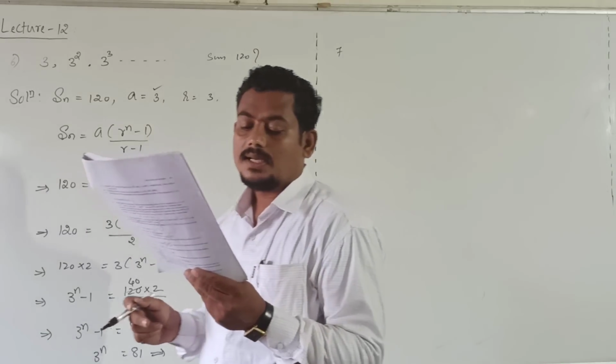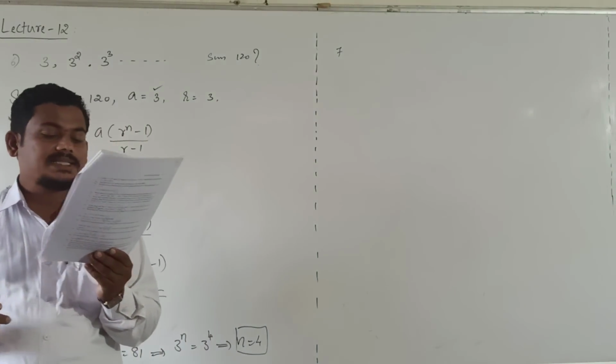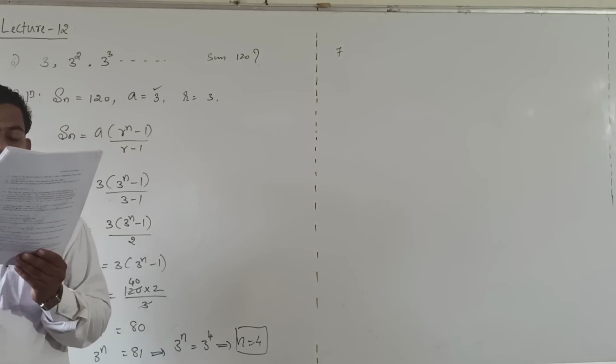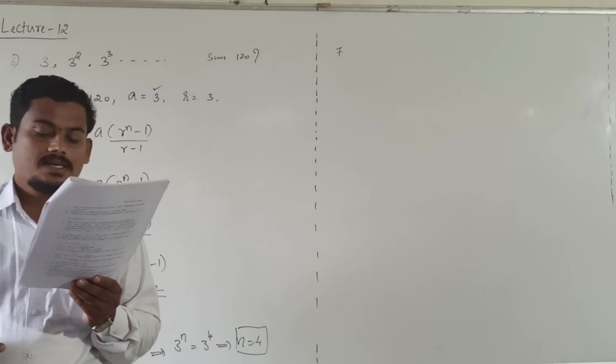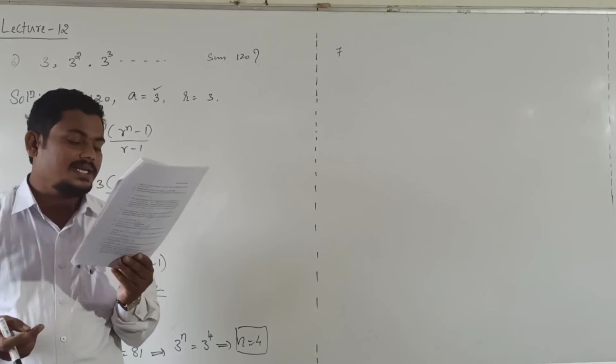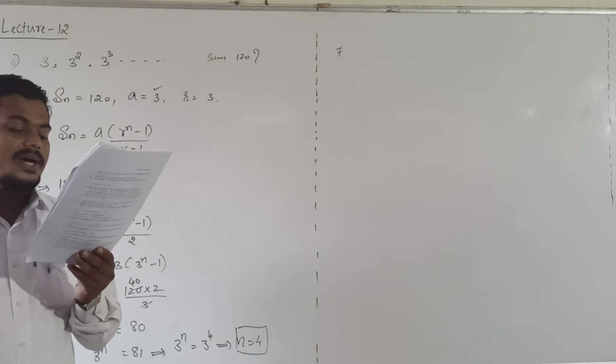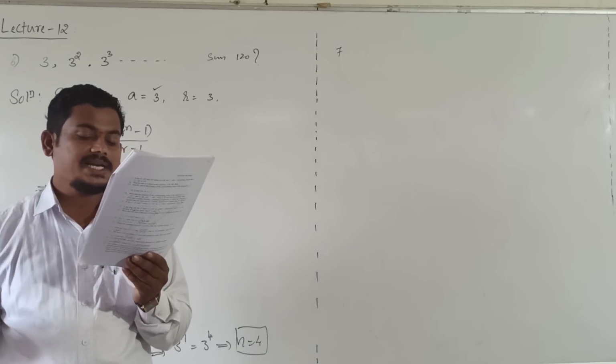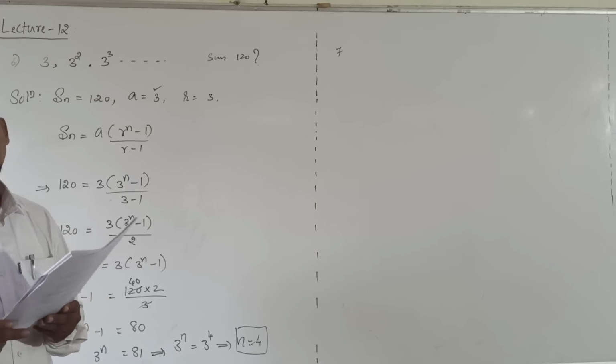Once again, the question: the sum of first 3 terms of a GP is 16 and the sum of next 3 terms is 128. Determine the first term, common ratio and the sum of first n terms.